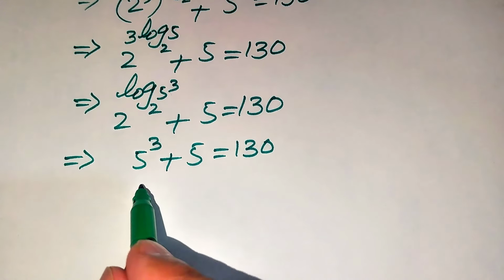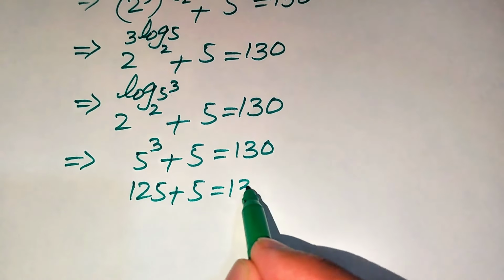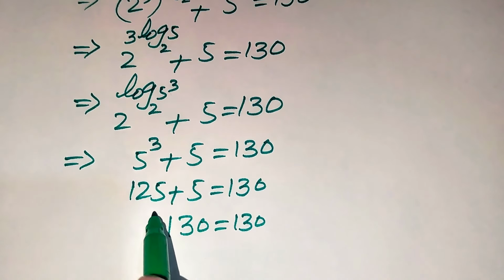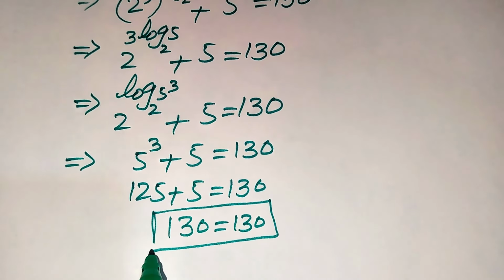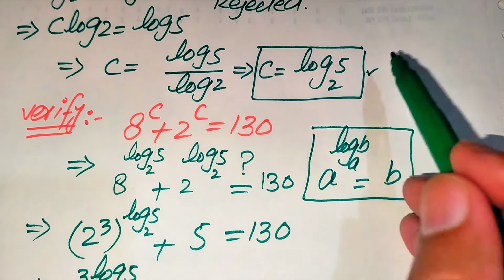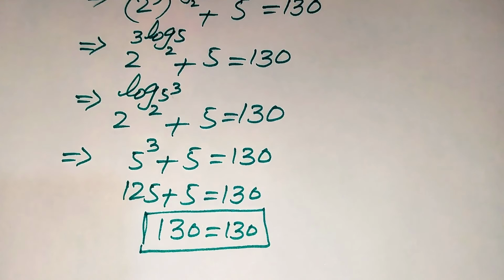We know that 5 cubed is equal to 125, plus 5 equals 130. So this shows that 130 equals 130. This means that the value c equals log 5 with base 2 satisfies our given question statement, and this is our final answer.